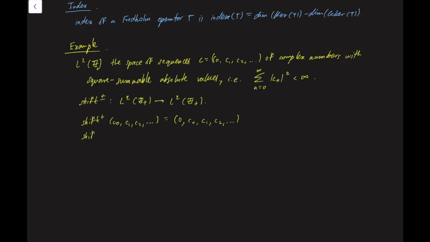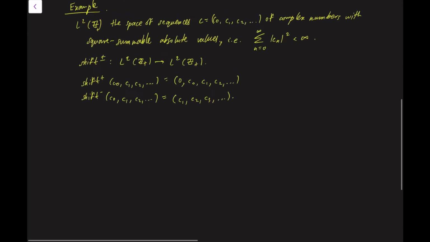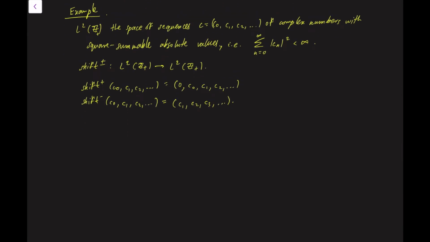The shift minus operator shifts a sequence one spot to the left, and it annihilates the 0th component. So we just get c1, c2, c3, and so on. Okay, so these are two operators on this Hilbert space L2 of Z plus. And the question is, are these operators Fredholm? And if they are, what's their index?